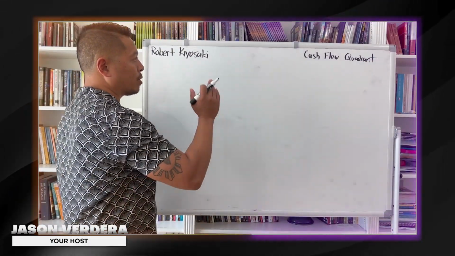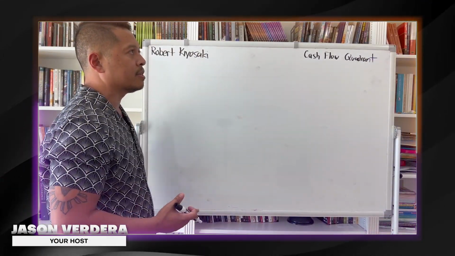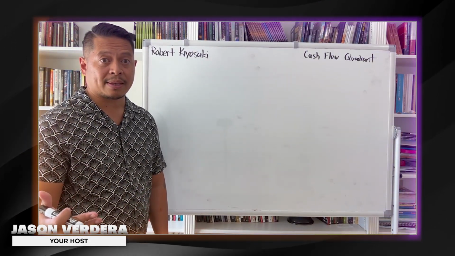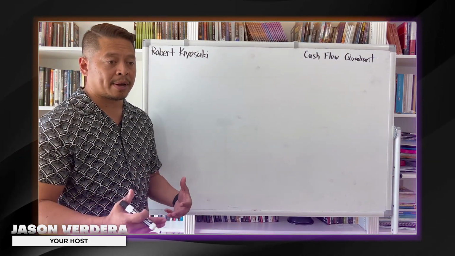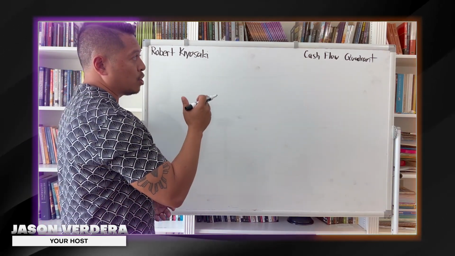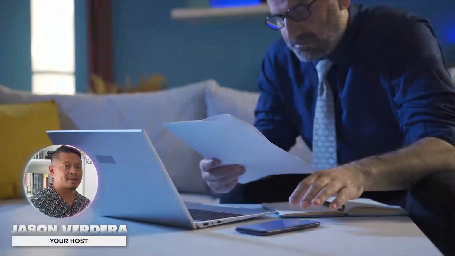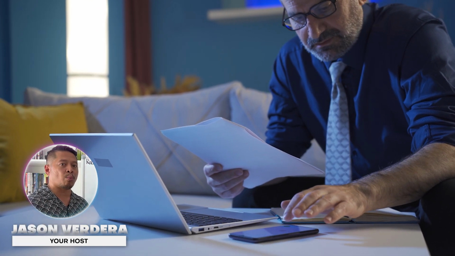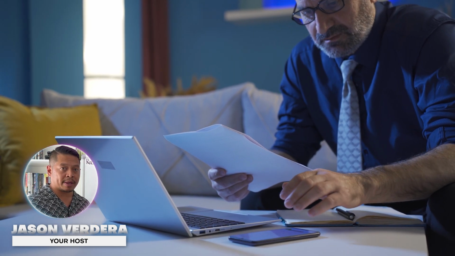The Cashflow Quadrant is kind of a map of how money is made, the different ways that money is made. We're going to go over this so that you can see where you are at in your money game, so that you'll be able to plan with clarity where you want to be in the game of money.